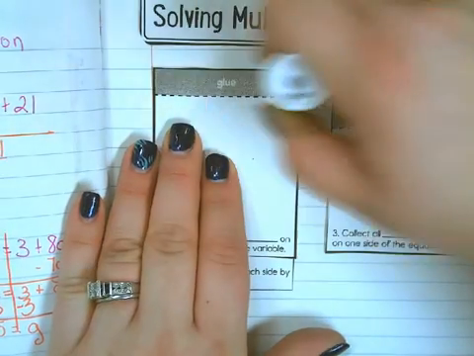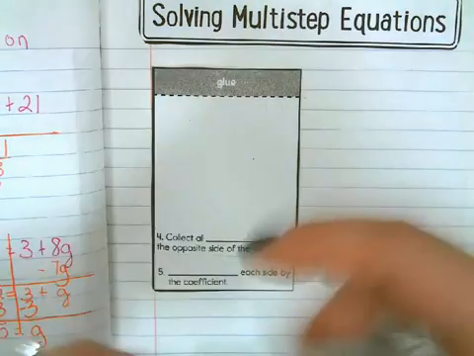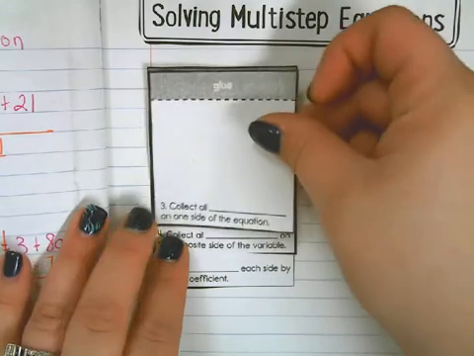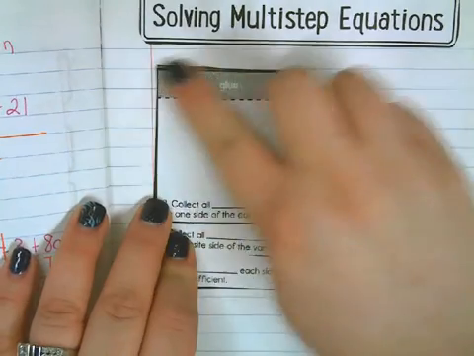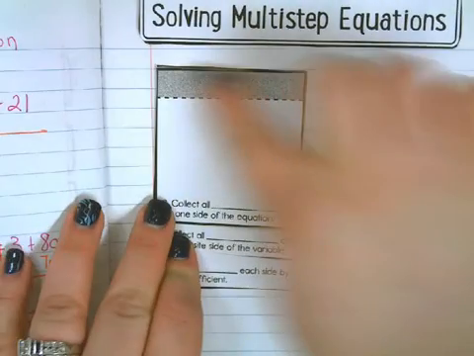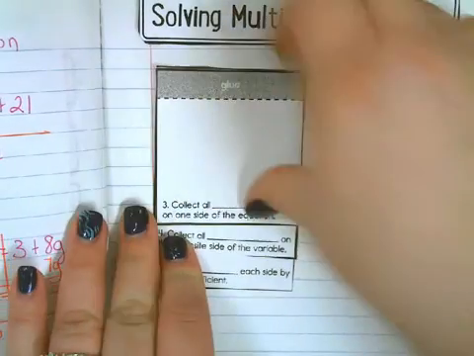So I glued on top of 4, there's 3 on top of 4. Notice we still have not actually glued this down into the notebook yet.